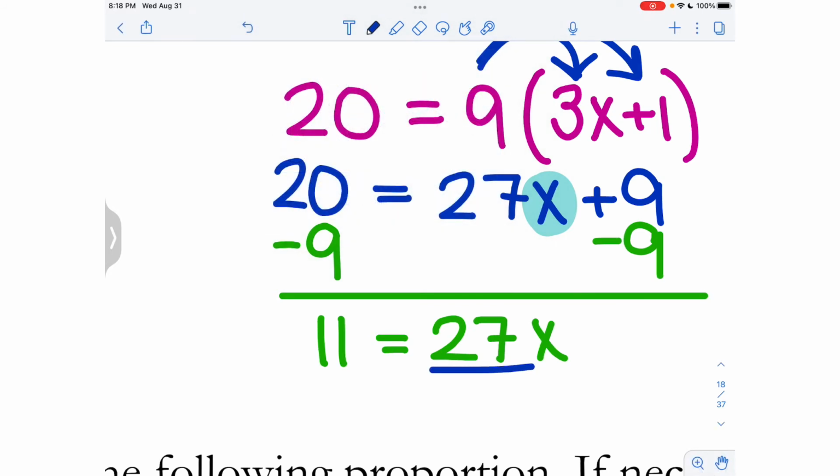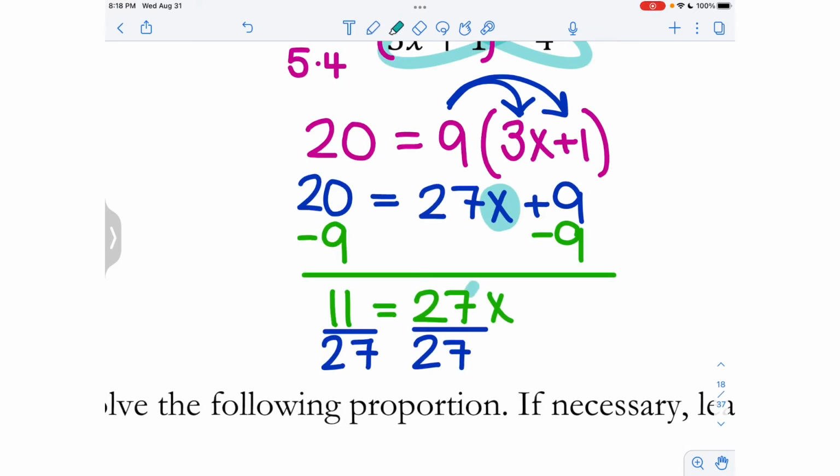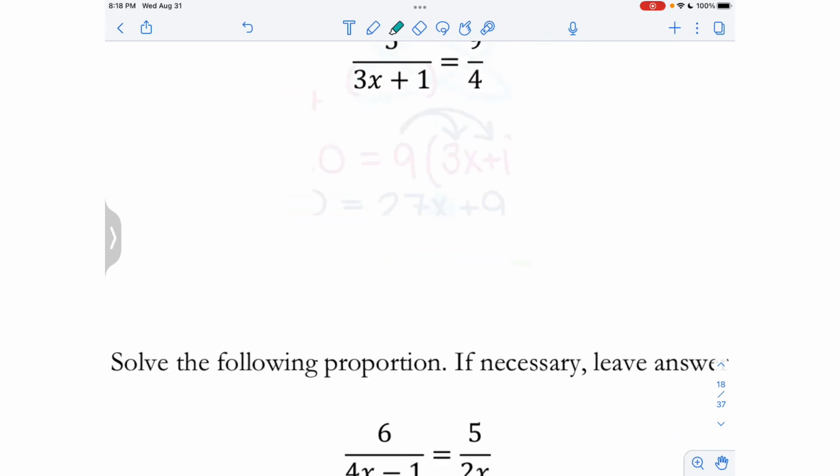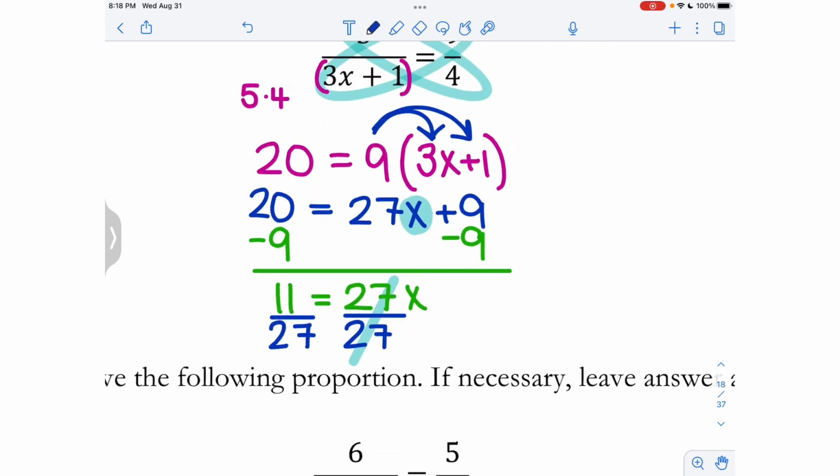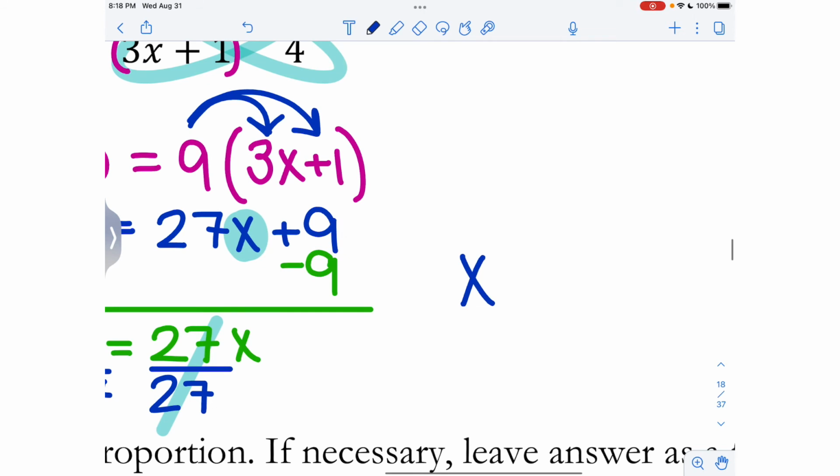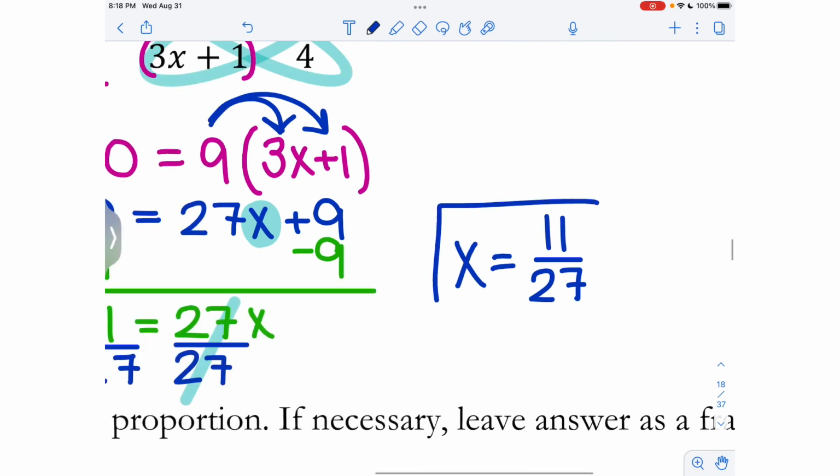A lot of students might say, oh my gosh, I got a decimal. In this section, that's okay. That will happen sometimes. So here's what I get. X equals, you can write your answer two ways. X equals 11 over 27. I would accept this answer.